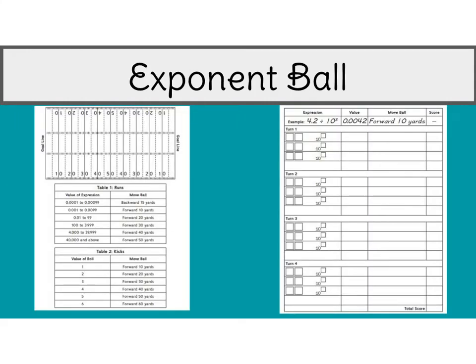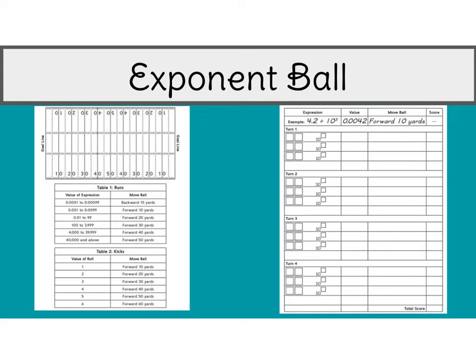Okay, so exponent ball. On the left side of your screen, you have what we call the game board, and you'll notice that it looks very similar to a football field. In fact, the game is similar to football in how we're going to play.